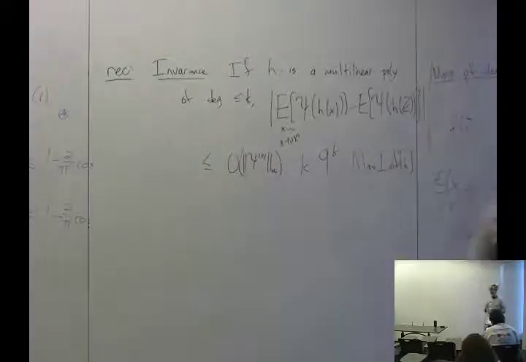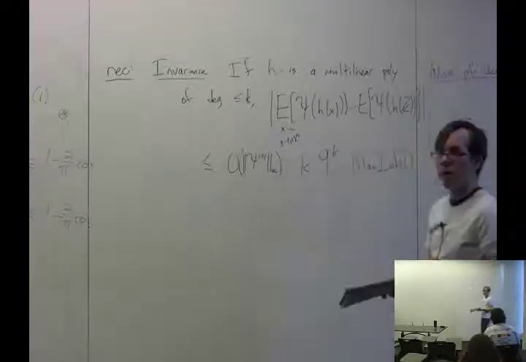Okay, so the maximum influence we're in good shape with, since one of our hypotheses is that f has small influences, or these small attenuated influences. But it's this degree thing that's the problem.